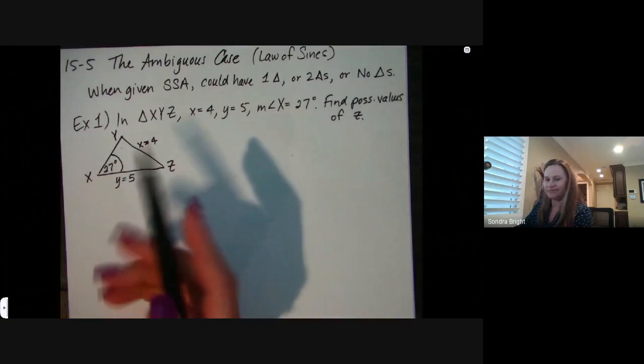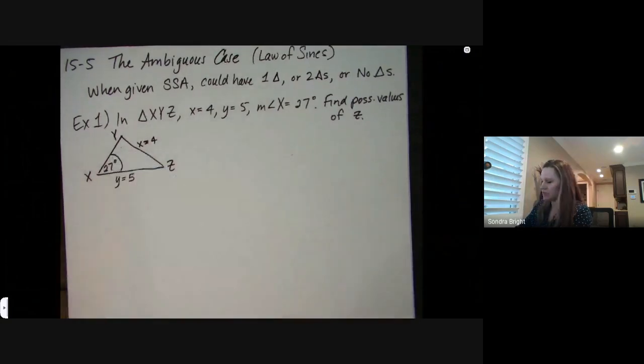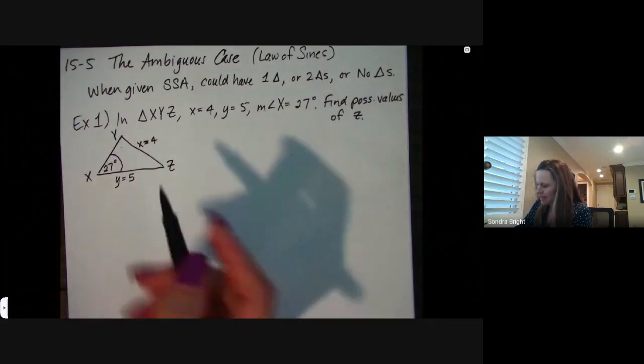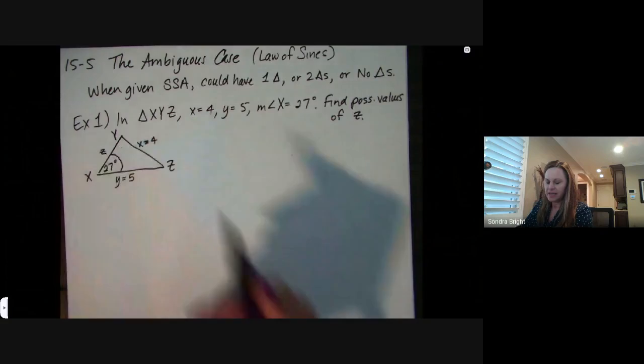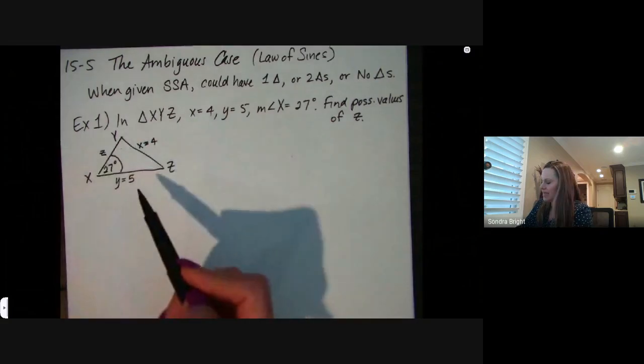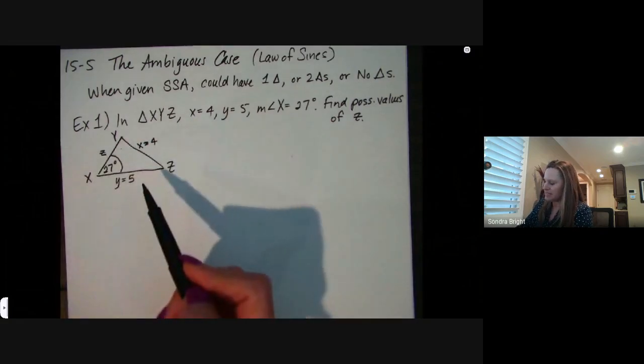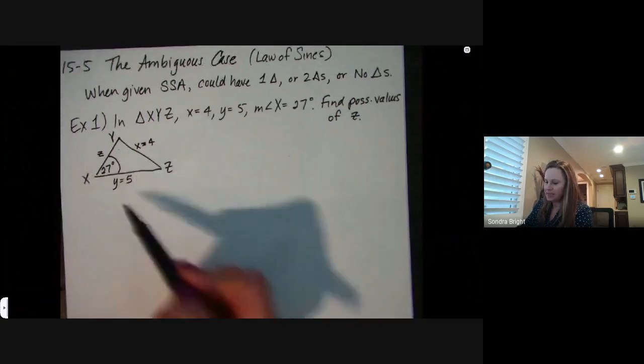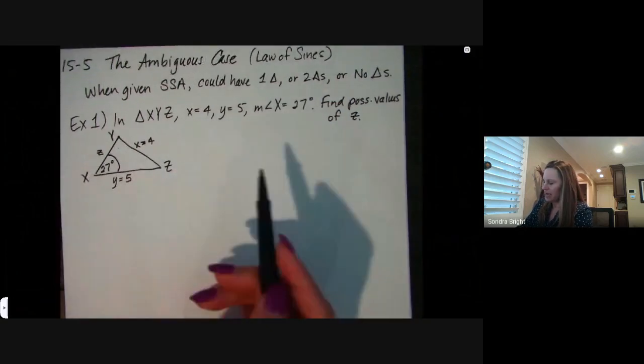All right, so what can we do? Well, this is side z, and I can't find it yet because they didn't give me angle Z. But what I can do is, I've got angle X, so I can find angle Y first.